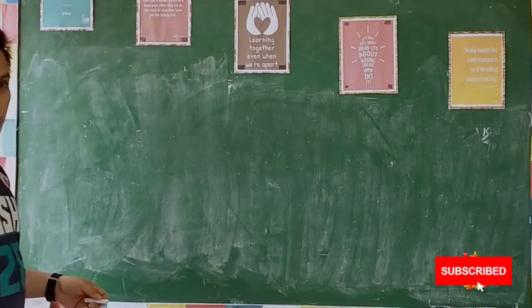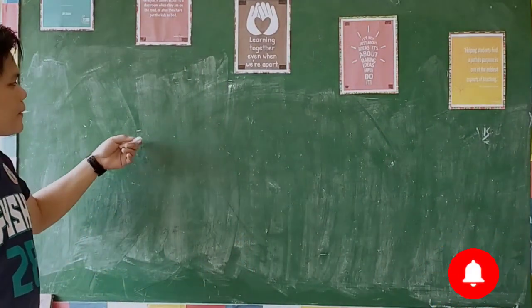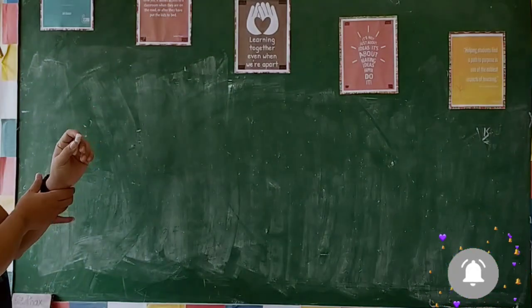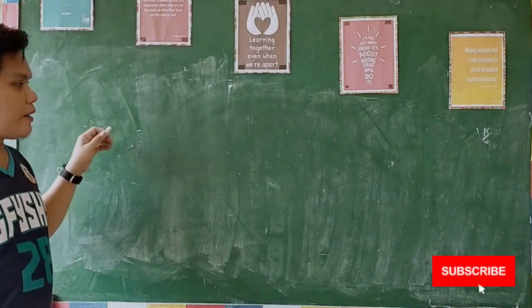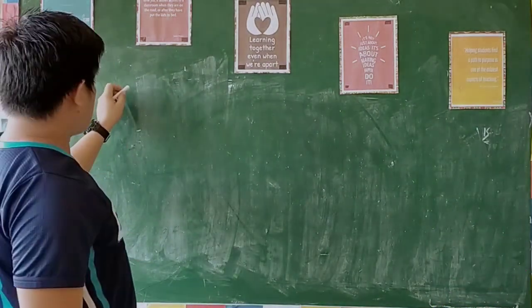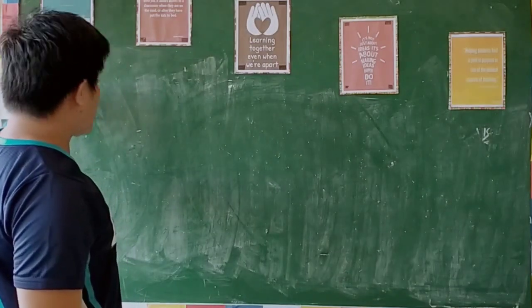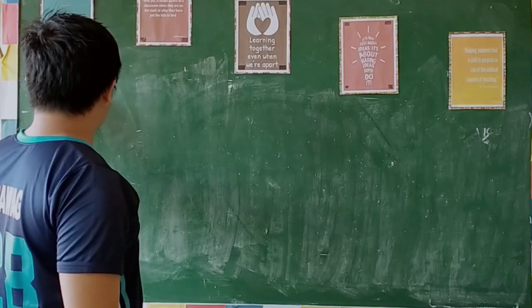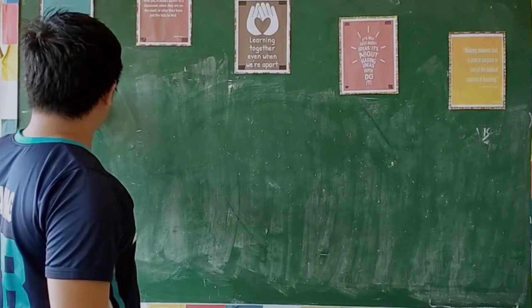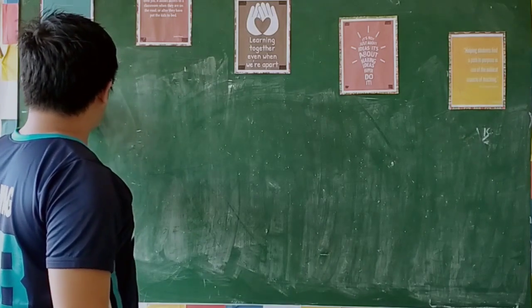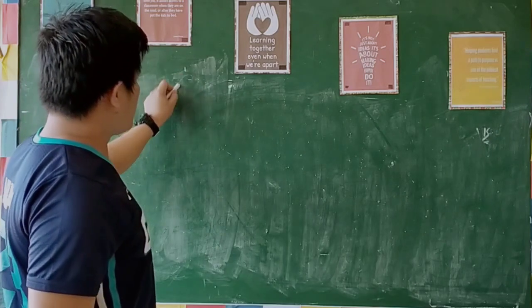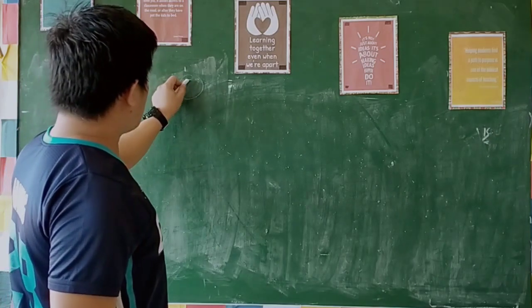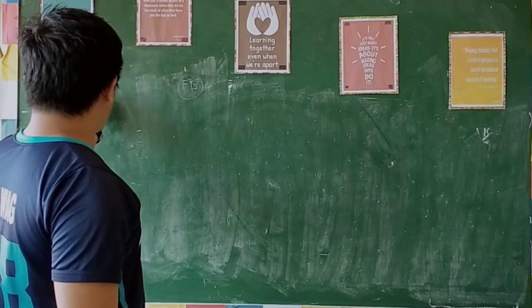Alright, if we will draw the force diagram of our colliding ball. So if this is our force diagram, ball number 1, the basketball, and this is our football, colliding each other.